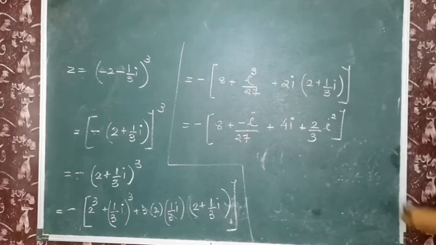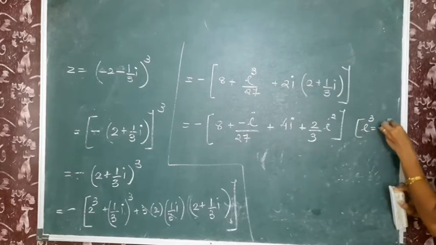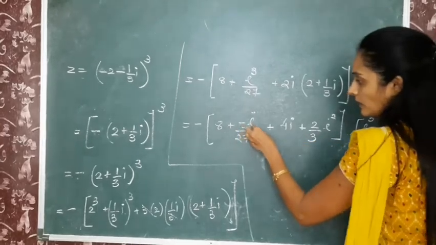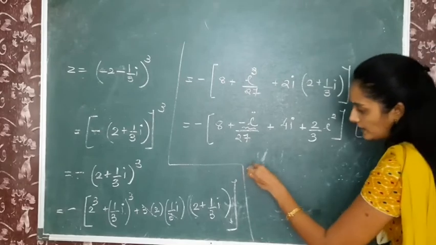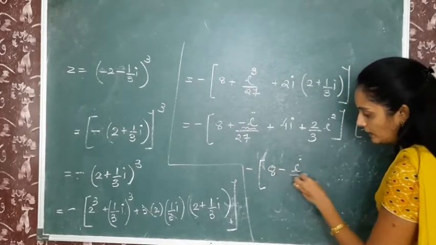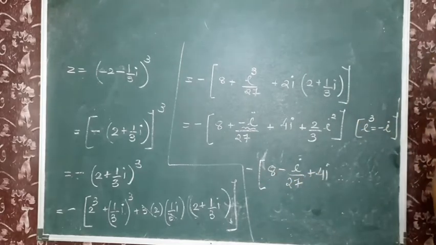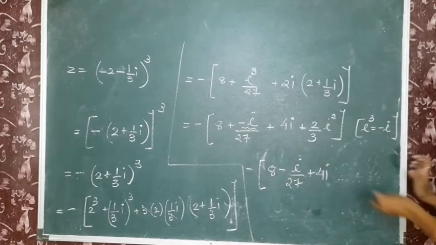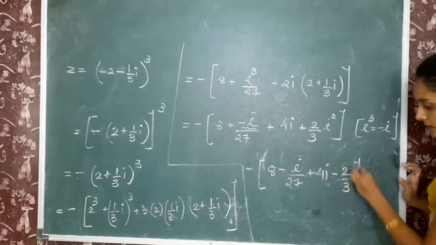If you want, you can write i cube is equal to minus i, so here we write minus i. Now the minus sign as it is, 8 minus i upon 27 plus 4i, and as you know i square is replaced by minus 1, so here plus minus minus 2 by 3.